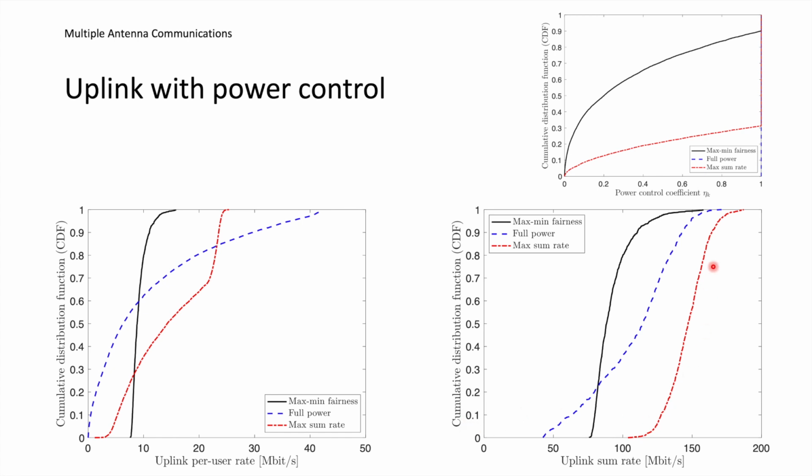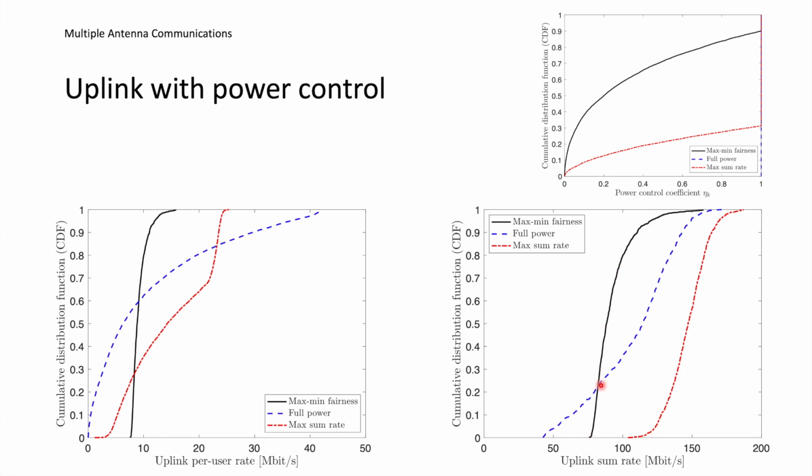And we can see, as expected, that for every drop of the users, if we are maximizing the sum rate, of course we get the maximum sum rate, the largest one. So it's always to the right of all the other curves here. If we are transmitting with full power, we are getting the blue curve here, and if we are targeting maximum fairness, we get the black curve.